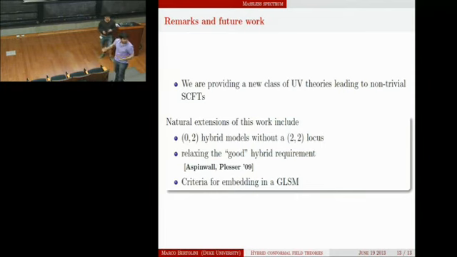So, are there any questions? The quantities you compute, can you translate them into periods of some Calabi-Yau? Oh, yeah, definitely. We can compute the 2-2 moduli, right?